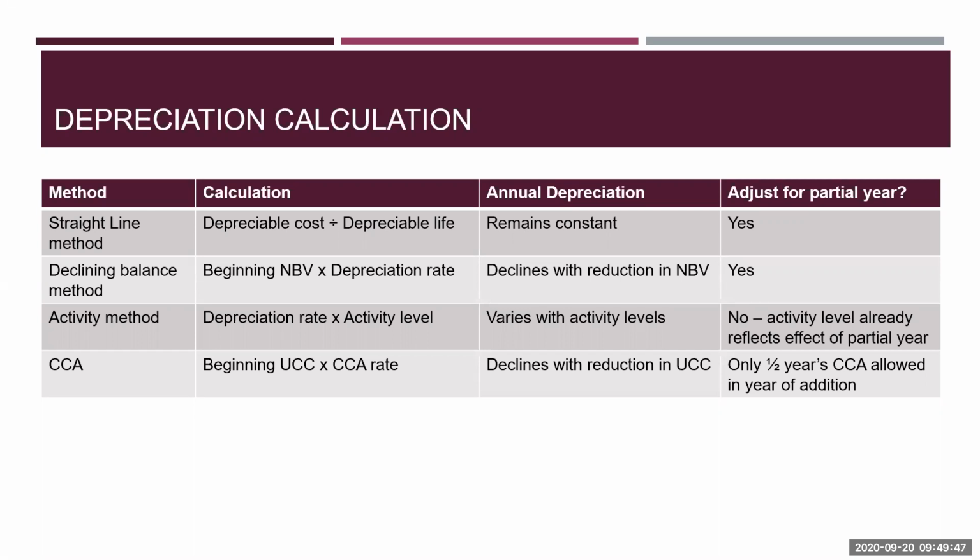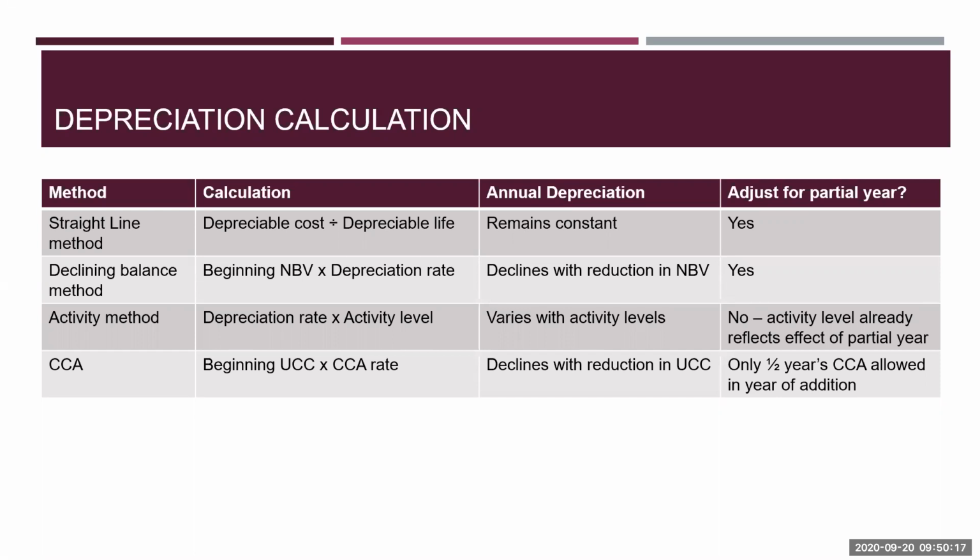CRA has a huge list of all the different types of assets and a predetermined CCA rate that goes with each one of these assets. So they would multiply the UCC with the CCA rate. It will decline because the UCC is a similar concept to net book value. It's similar, not the same. So because the UCC keeps going down, your annual depreciation will also decrease over the life.